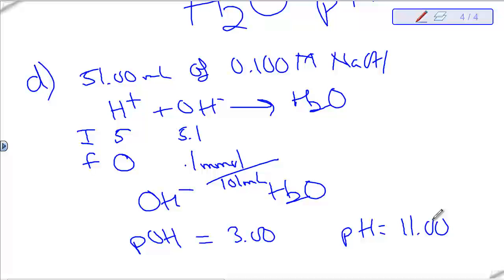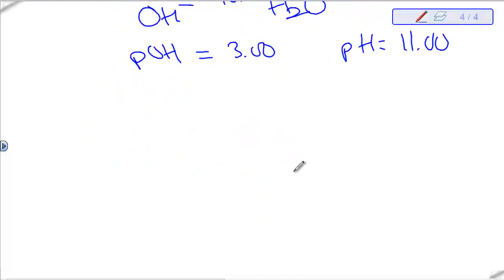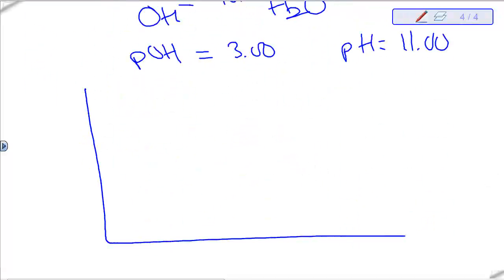If you go back through the problems we just did, you just noticed that the equivalence point was 50. So if we make a graph right here, here's pH over here, here's the milliliters. If we call this 50 mils, that was the equivalence point. The pH began down here at about 1. And when we added 49 mils, so we were about right here, the pH was 3.